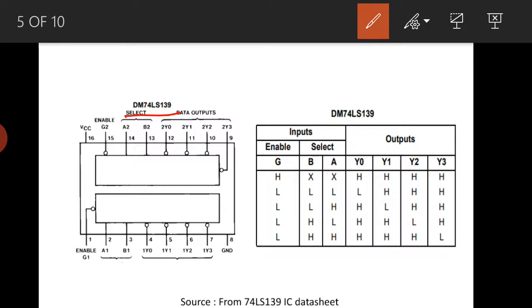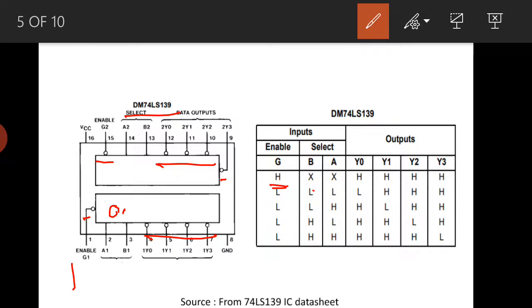The truth table, how it will work, is as I told earlier. You can see here that all the active low inputs or outputs are marked with bubbles. You can see the bubbles here, so active low signals are marked with bubbles. Now if G is high, meaning I am giving 1 here, it will become 0, so it will not work, meaning the decoder will not be enabled.